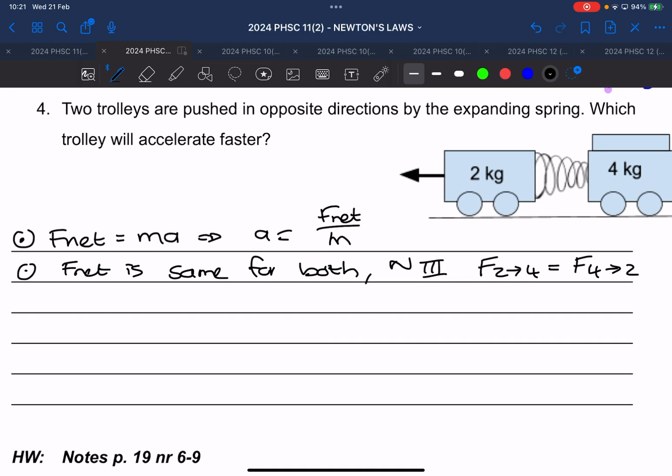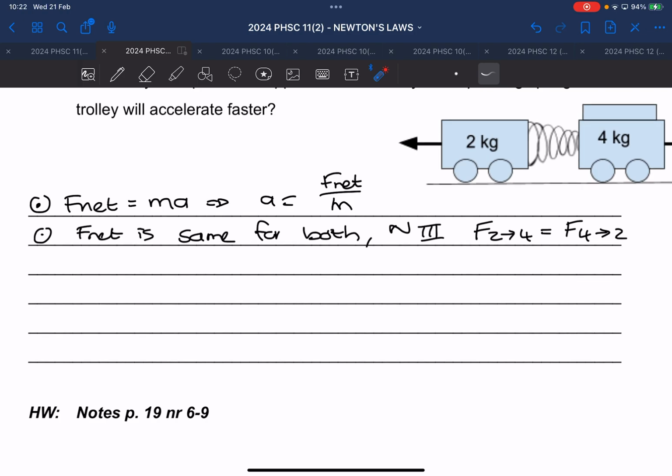So, in this question specifically, because it's the same force acting on both of them, the force will not influence the acceleration in such a big way. Because it's the same for both. That's not the reason why they have different acceleration. The reason why they have a different acceleration is because of the mass.